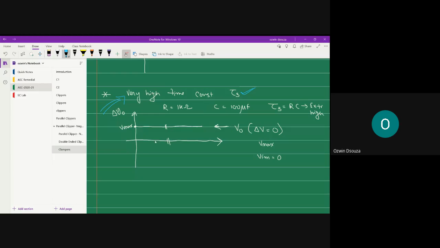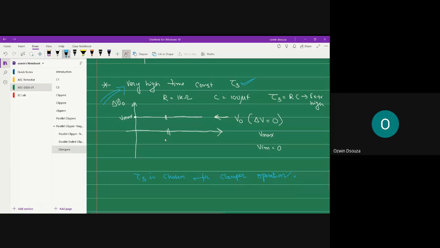In the given example, I had chosen three time constants: tau 1, tau 2, and tau 3. Out of these three taus, for a clamper operation, you are supposed to use tau 3. So tau 3 is chosen for clamper operation.